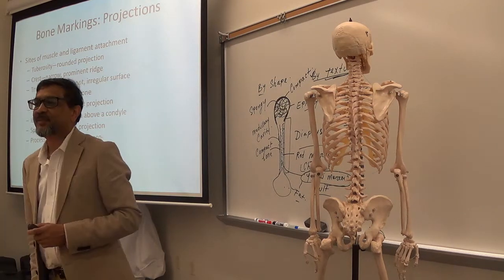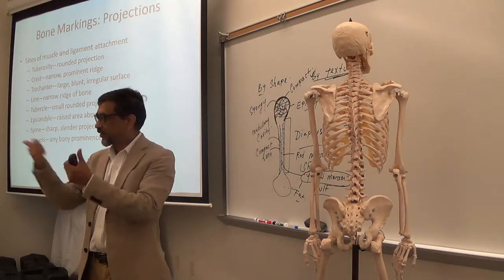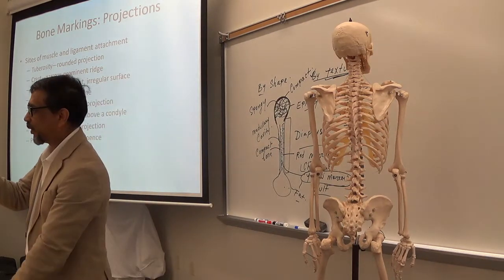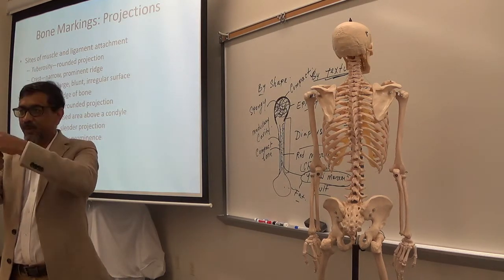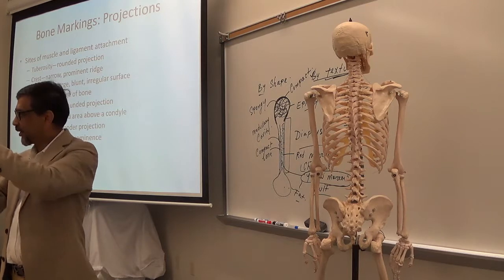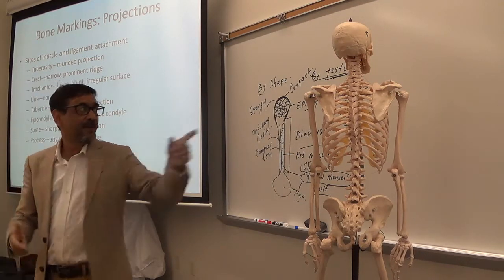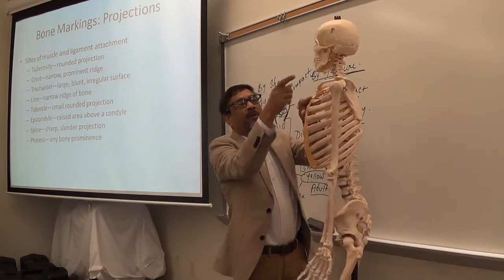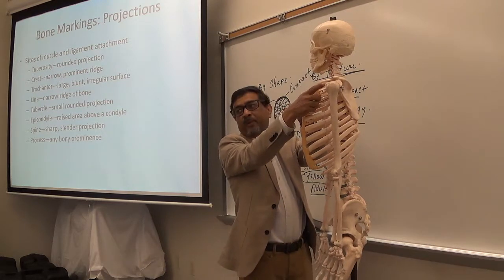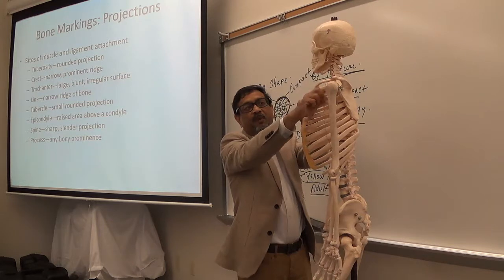Process, any projection that sticks out from the main part of the bone can be termed a process. Like this is the bone, this part is sticking out, right? So we can term it a process. This is another process, okay? For example, this is called the coracoid process, like a bird's beak. The coracoid process sticks out from the scapula.